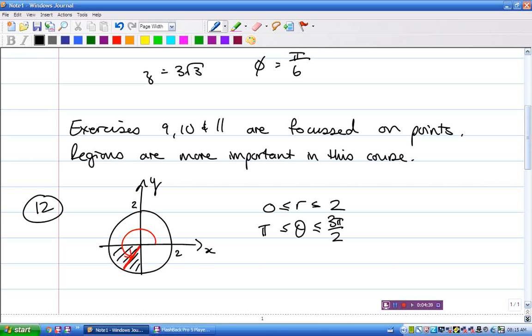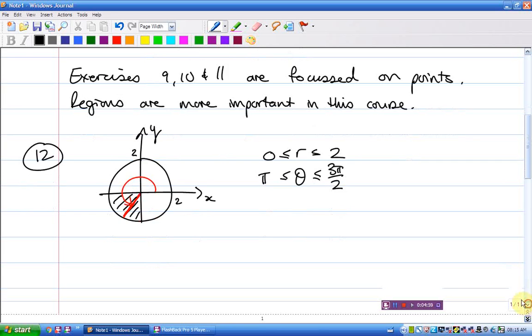And if the answer is yes, then it means r depends on theta. In other words, r is a function of theta. And you would not expect the little numbers on either side of that r inequality to be numbers. You'd expect at least one of them to be a function of theta. Okay. But that one over there is pretty straightforward.